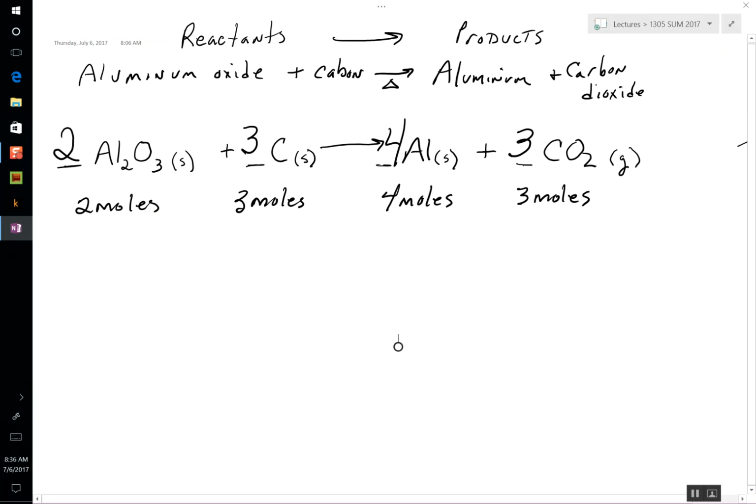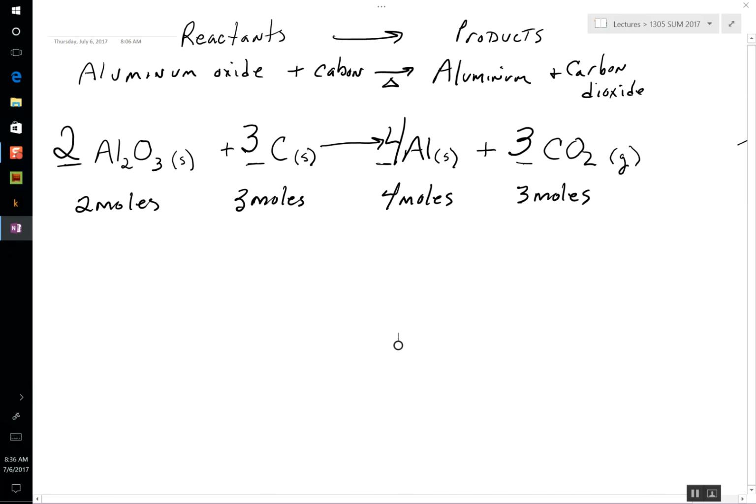I wish I had a way to make copies of this so I could keep doing these problems right underneath it. At any rate, moles to moles. This would be the simplest one, like let's give an example.